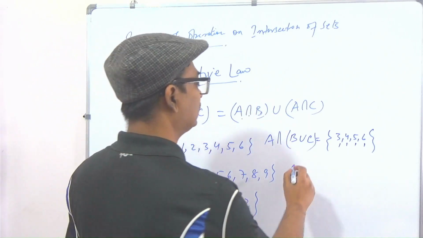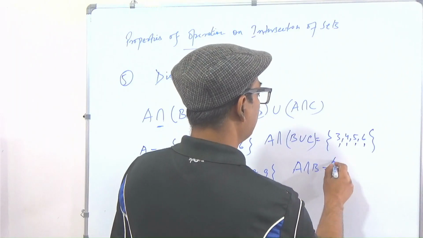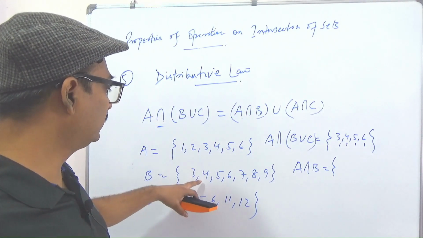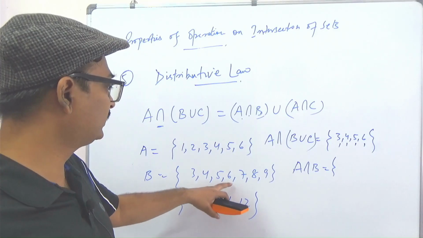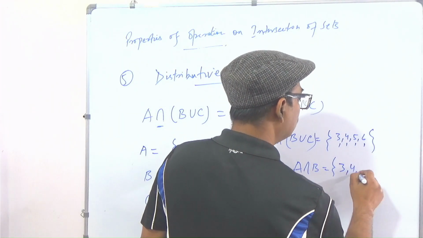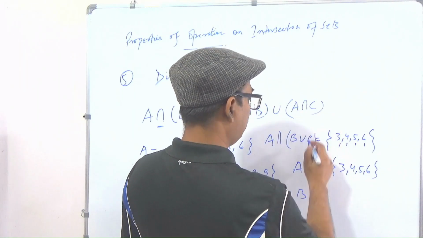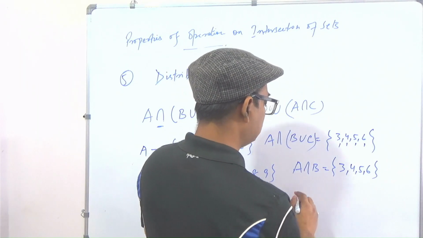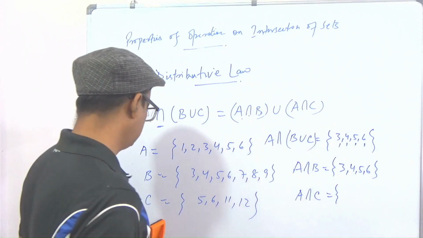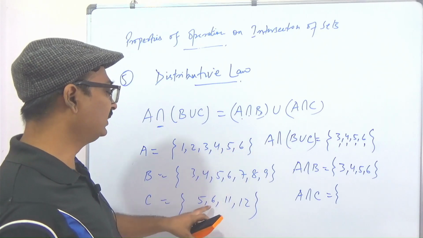Let's see the second part. A intersection B. What are the common elements? 3, 4, 5, 6. Second thing, A intersection C. Here is A, here is this. Only 5 and 6 are common.